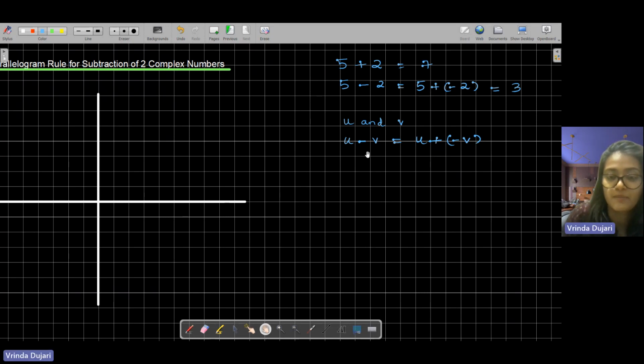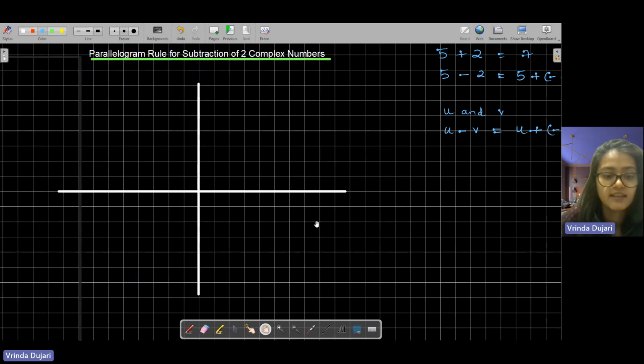That's why we are changing the problem of subtraction to the problem of addition. So instead of subtracting V from U, we are going to add negative V to U. This is going to give us the same result as U minus V.